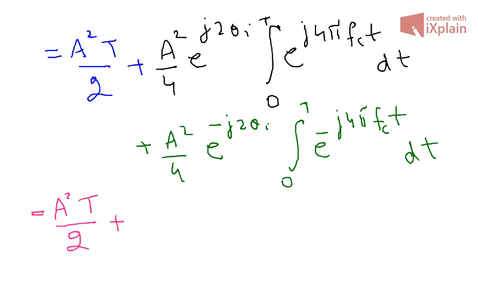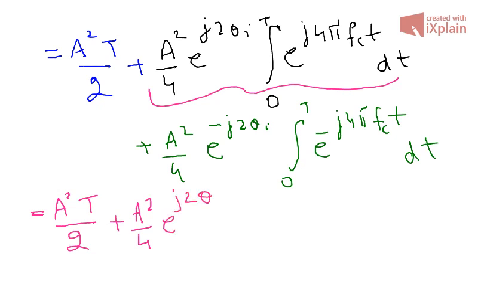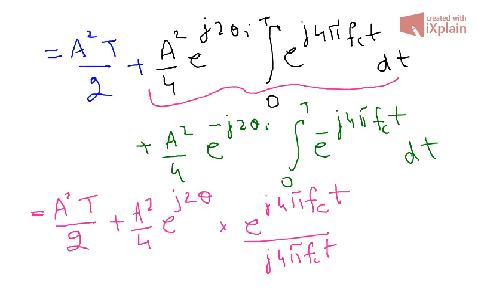Then from here I would have A squared over 4 e raised to the power j2θ_i, and the integral of this is e raised to the power j4πf_c t over j4πf_c, and the limits are 0 to T, right?